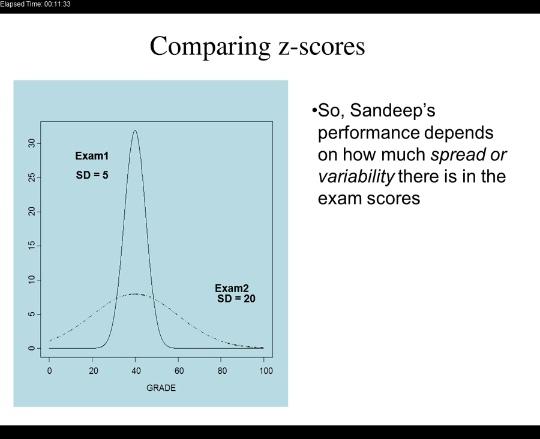So there it is. Sandeep's performance depends on how much spread or variability there is in the exam scores. There's not a lot of variability in this leptokurtic one, it leapt up to the sky, but in this platykurtic one, there's more distribution. All the scores happen here, whereas there was more distribution of scores here.